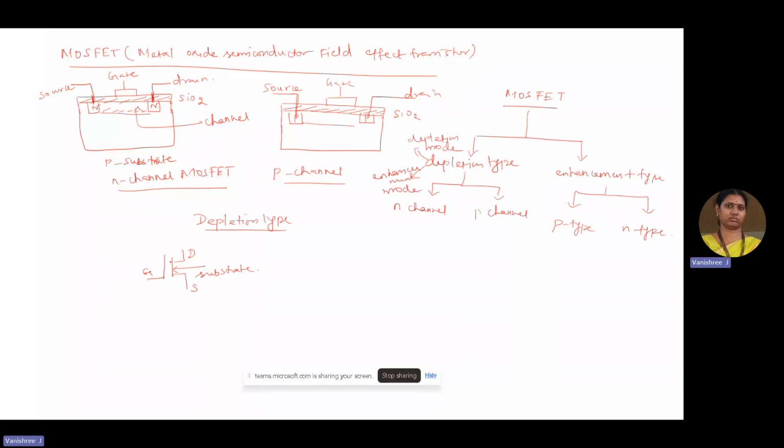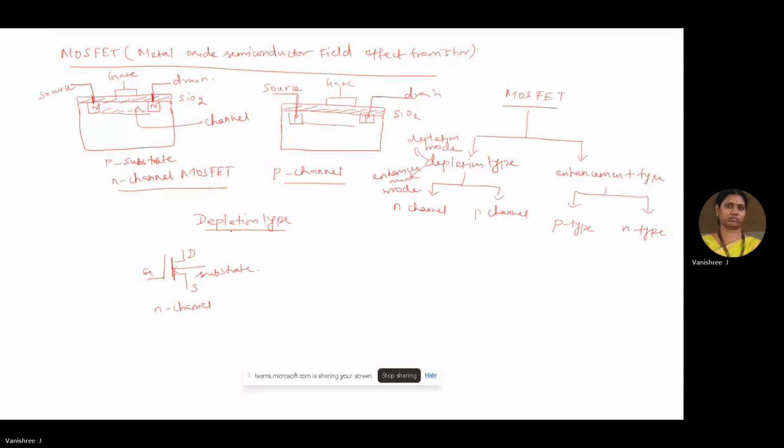And here, the space which is present between the channel and the gate terminal denotes the presence of the silicon dioxide layer. If the arrow is pointing inwards, this will be the N-channel MOSFET. And the other way, we draw the P-channel MOSFET.